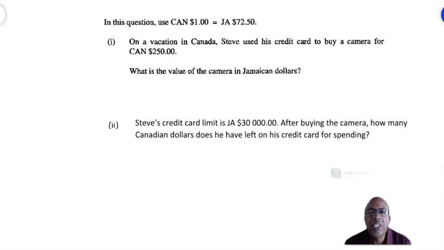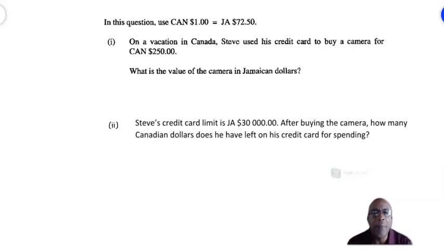All that means is that to convert Canadian dollars to Jamaican dollars, you multiply by $72.50. On the other hand, to convert from Jamaican dollars to Canadian dollars, you divide by $72.50.